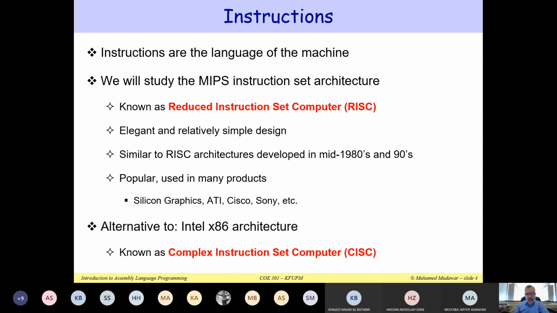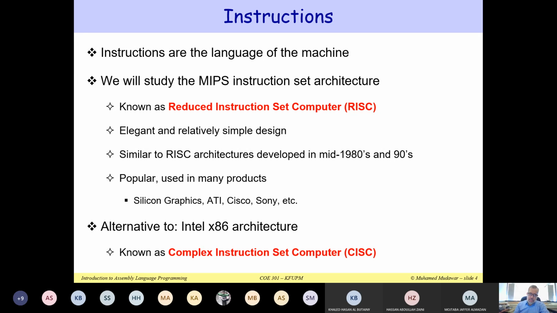So you have to use the exact instructions. So the architecture varies from one processor to another one. So the Intel architecture has a different assembly language than the MIPS architecture. And the MIPS has slightly different instructions than the ARM and so on. So they have similarities, but also they have differences.